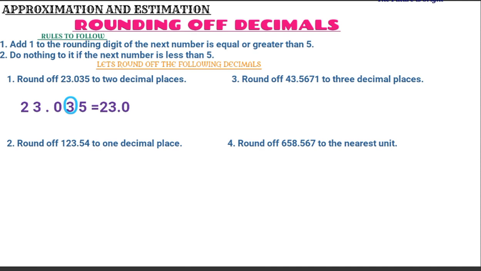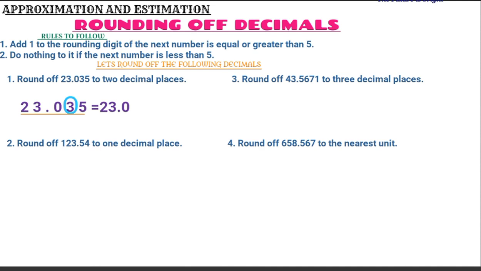Now let's come to the number in the question, 23.035. We are rounding off 3. That means when rounding off 3, we are going to add 1 to 3, because the next number is 5, so it's equal to 5.